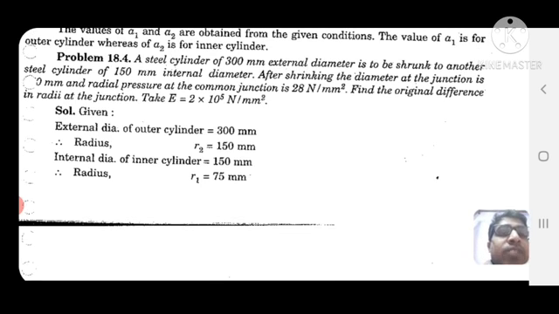External diameter of outer cylinder equal to 300 mm, radius R2 is equal to 150 mm. And internal diameter of the inner cylinder equal to 150 mm, and radius R1 is equal to 75 millimeter.